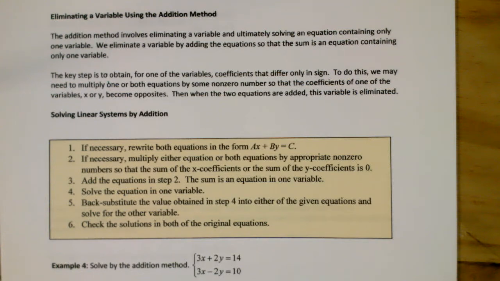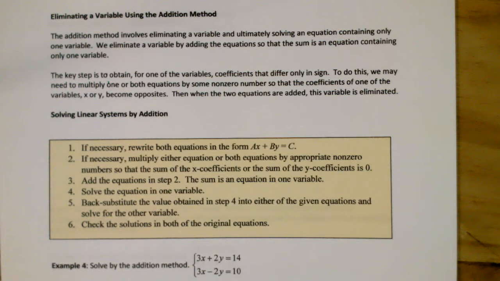We eliminate a variable by adding the equations so that the sum is an equation containing only one variable. The key step is to obtain, for one of the variables, coefficients that differ only in sign.